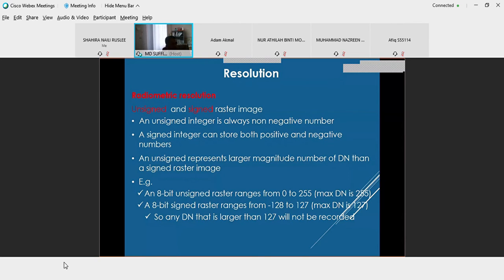So sebagai contoh 8 bit unsigned 0 to 255, so maximum digital number is 255. So kalau you pakai 8 bit signed raster, bermaksud bahawa you boleh simpan negatif punya value. Dia juga ada 256 grayscale, tetapi value dia start daripada negatif 128 sehingga positif 127. So maximum digital number is 127.